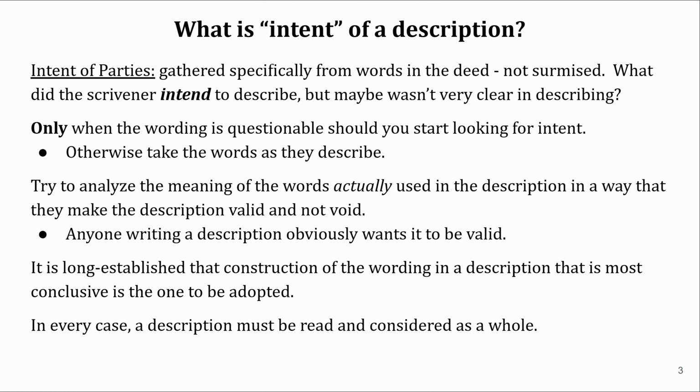So in this situation, we may determine with this extrinsic evidence that we measured of the center line of the creek that the intent of the description was actually for the center line of the creek to be the boundary and not for us to specifically hold those directions and distances. So that's a pretty good example of having to look at what the intent may actually be and looking at the whole situation together as one.